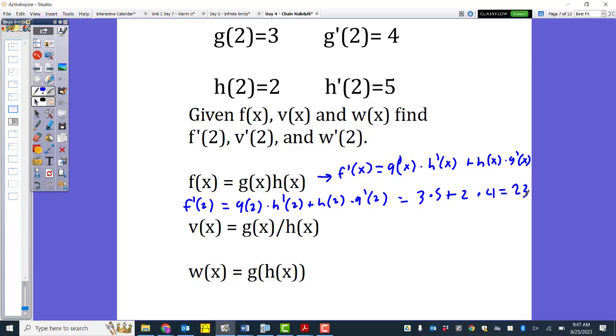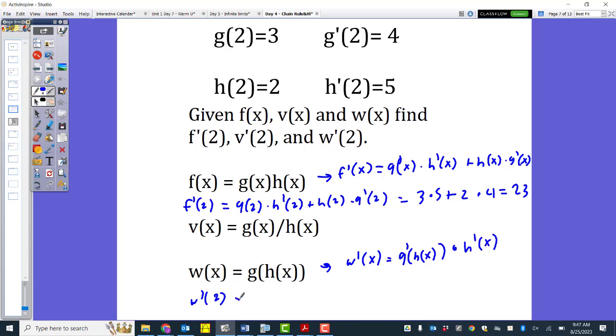You can do the same thing for v of x. I want to talk about w of x and look at how this one is. So we need w prime of 2. So we need to first find w prime of x. This is chain rule, so g of h of x, g prime of h of x, right? So the derivative of the outside times h prime of x, the derivative of the inside.